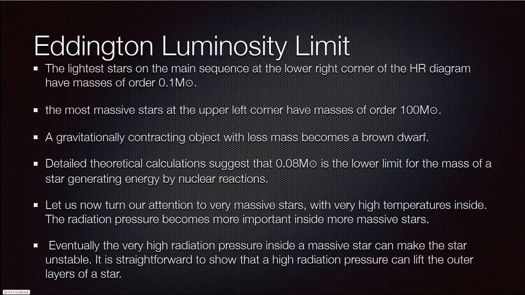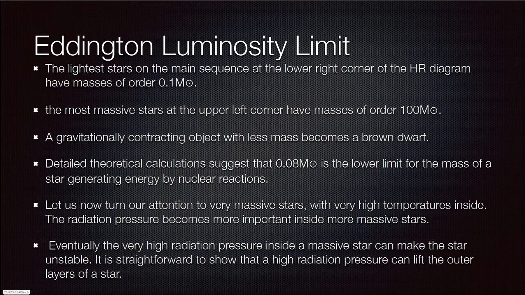When a newly forming protostar shrinks gravitationally, it becomes hotter while it shrinks. Eventually its interior may be hot enough for nuclear reactions to start, halting the gravitational contraction, so it will balance it.